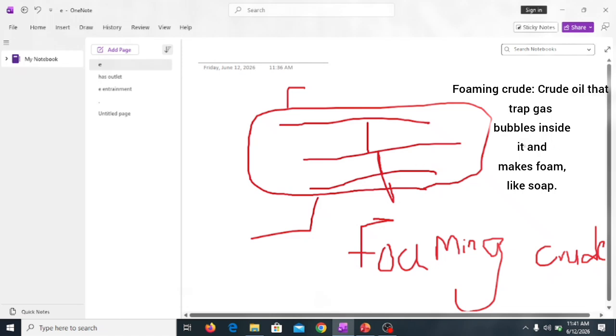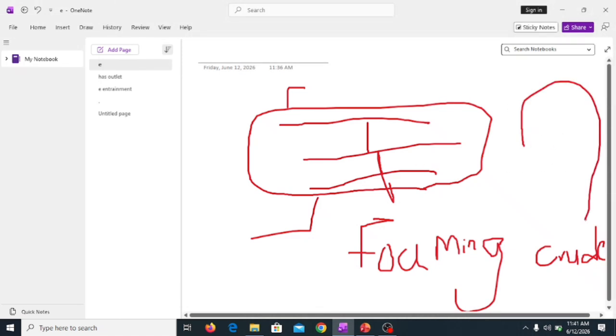But if it is a vertical separator, and you can see here that it's vertical, we have gas, then we have crude oil, and we have our water. So it will be difficult for it to collapse or distribute. It will just settle down vertically. So it will be difficult for the foam to be reduced.